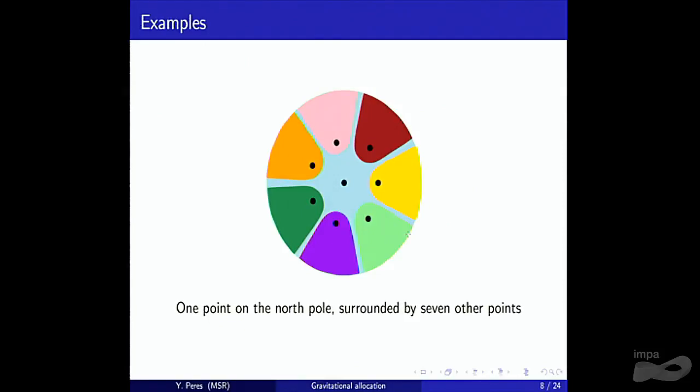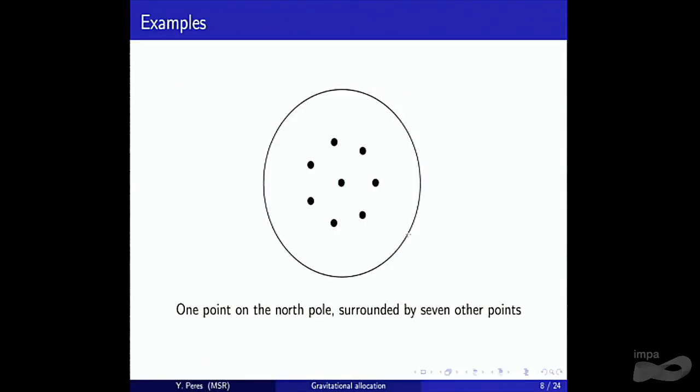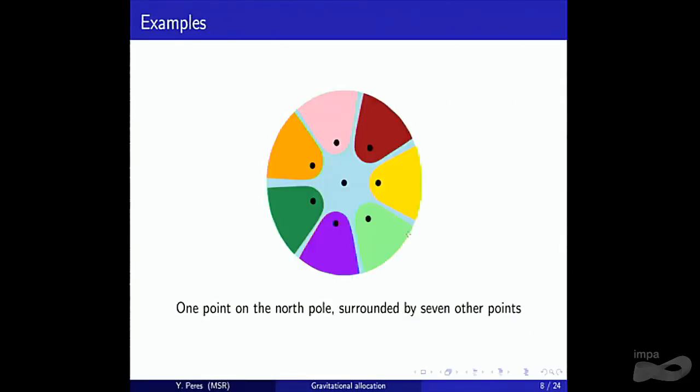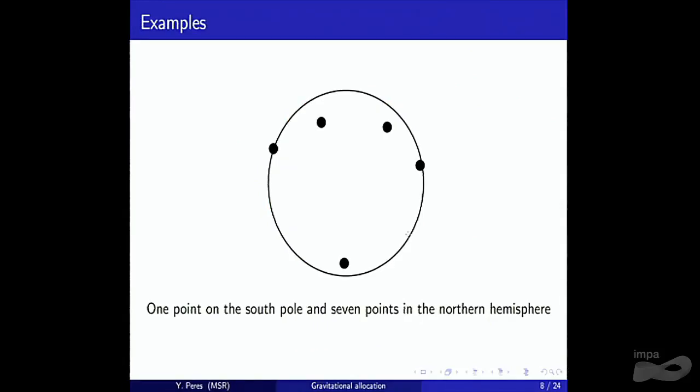So he asked, what if I have one star in the North Pole and it's hemmed in, surrounded by other stars? How can it get its fair share? And somehow the answer is that it actually gets points from quite far away that travel between these stars where the force is balanced, and it gets equal area. And then he said, well, wait a minute, but what if I have one star in the South Pole and all the rest are in the Northern Hemisphere?